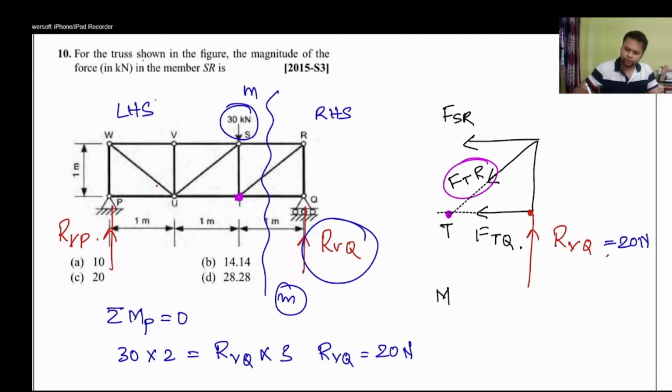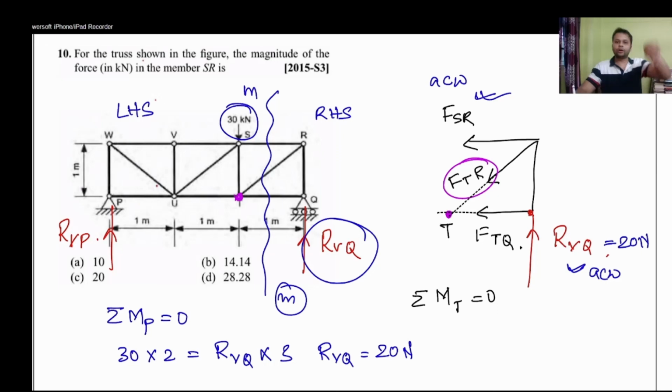So the summation of moment about point T is equal to 0. Which are the forces left out? FSR and the reaction at point Q. Both these forces produce anti-clockwise moments.